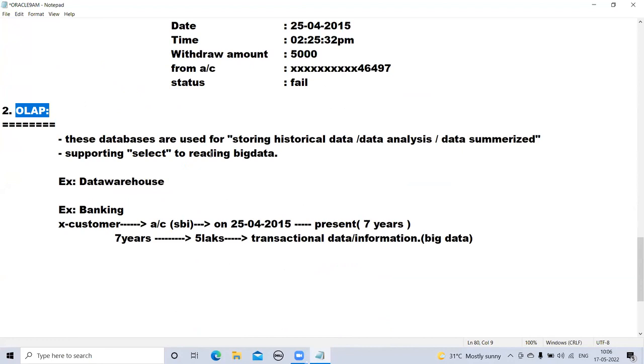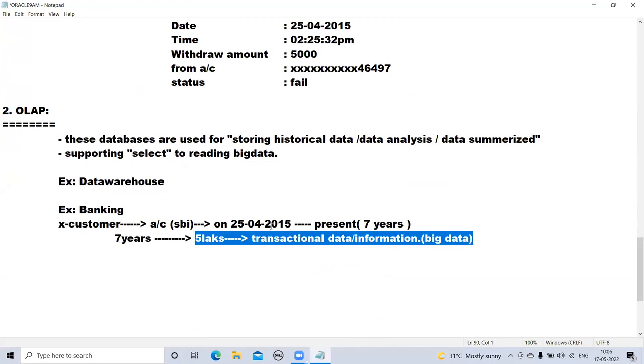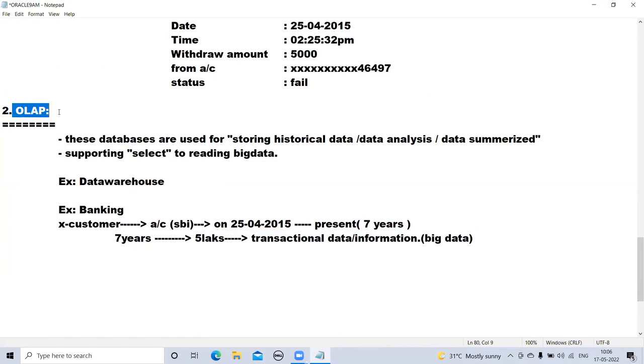One more thing, sir: here we are storing 7 years of data, which means how many lakhs? 5 lakhs of transactional data. So what is the capacity of OLAP? How much data can I store in OLAP?